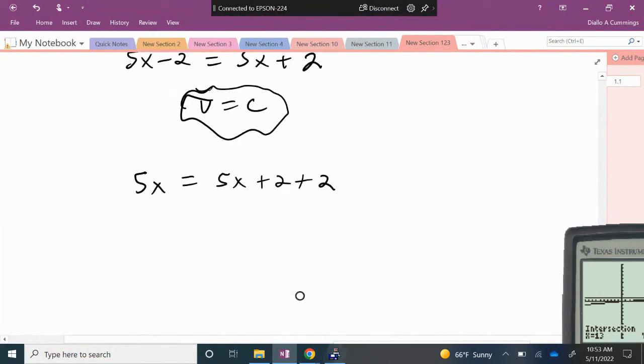And now I'm going to simplify, so I have 5x is equal to 5x plus 4. So I only have variables on the left-hand side, which is what I want. On the right-hand side, I only want constants. All right, so 5x is not a constant, so I'm going to transpose 5x to the opposite side. So I'm going to subtract 5x from both sides.